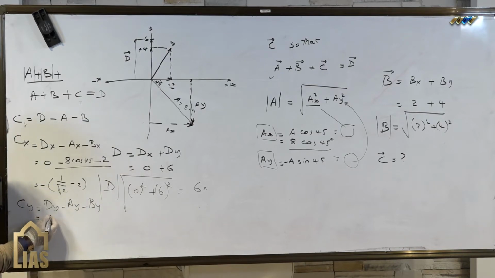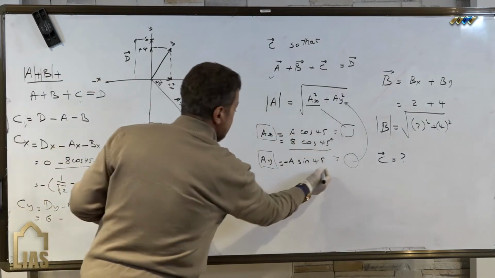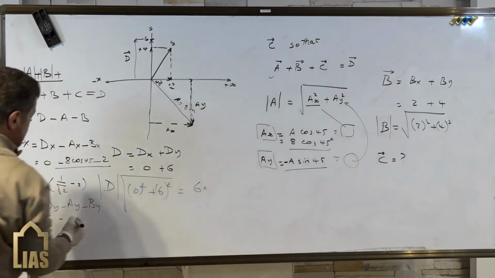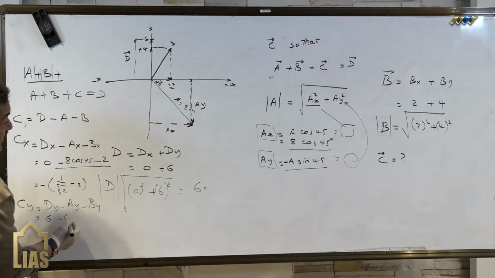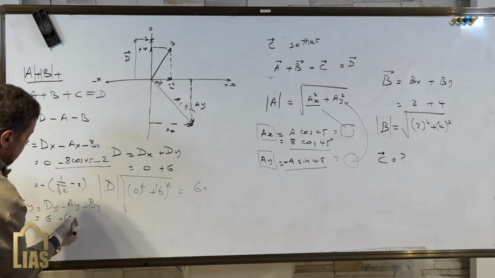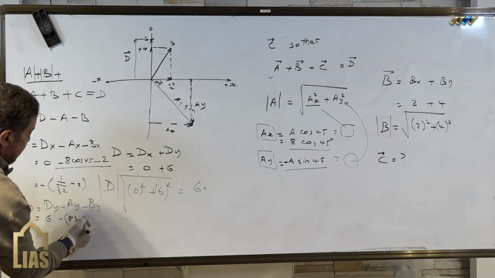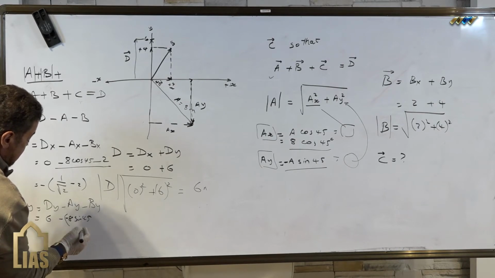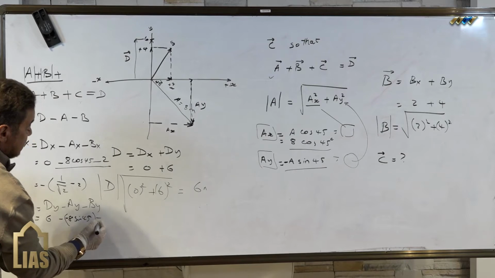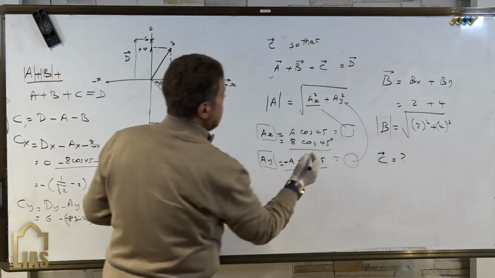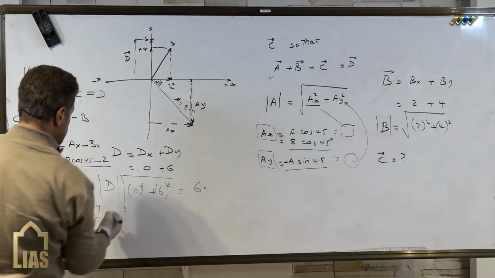Dy is 6, okay, minus ay, minus this figure here, minus 8 sine 45, okay, minus by which is 4.